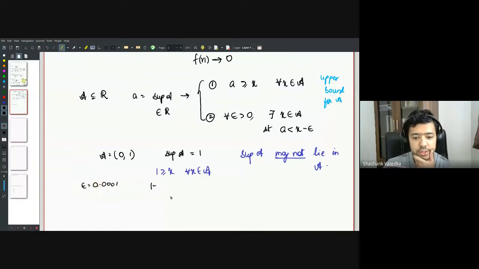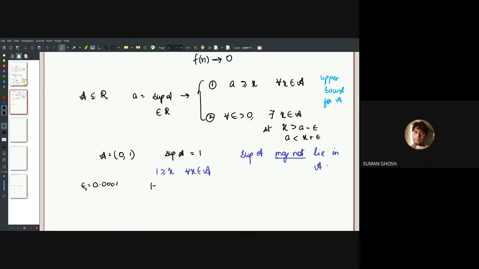Then you will always find a point in A which is strictly greater than, this should have been such that x is greater than A minus epsilon, or A is less than x plus epsilon. Understood. Yeah, thanks for pointing that out.